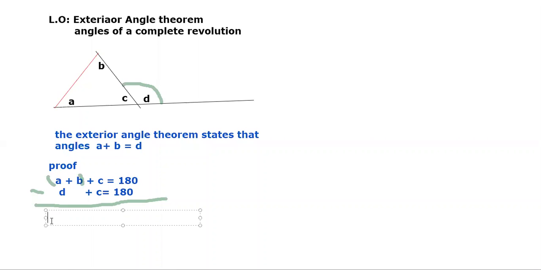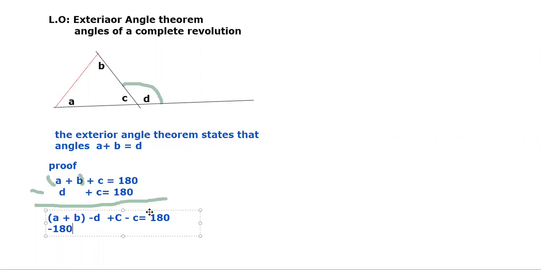It will be A plus B in a bracket. The up one is B. Then you subtract everything, minus D, plus C, because we have C there, C up, minus C, equals 180 minus 180.